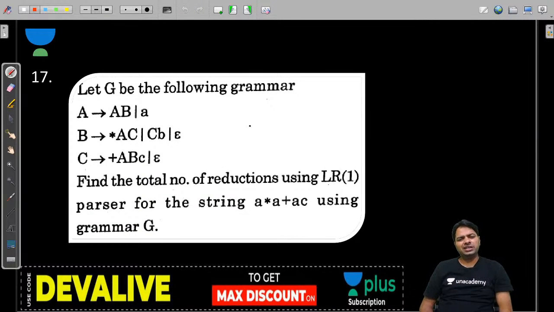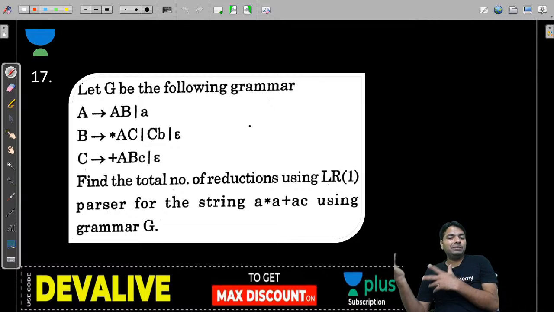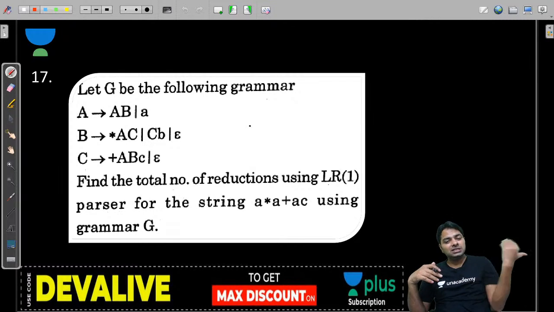find the total number of reductions using the LR1 parser for the string a star a plus ac. Guys, finding the total number of reductions means how many steps only. The number of reductions is the number of steps in the derivation. But how do you know that? Because the number of steps in RMD is nothing but the number of reductions in the reverse of RMD.